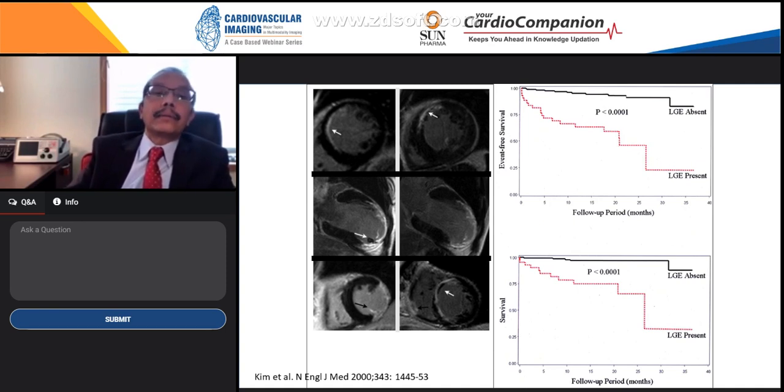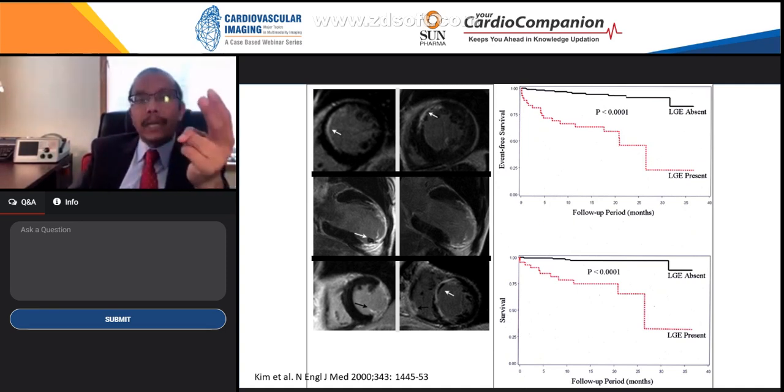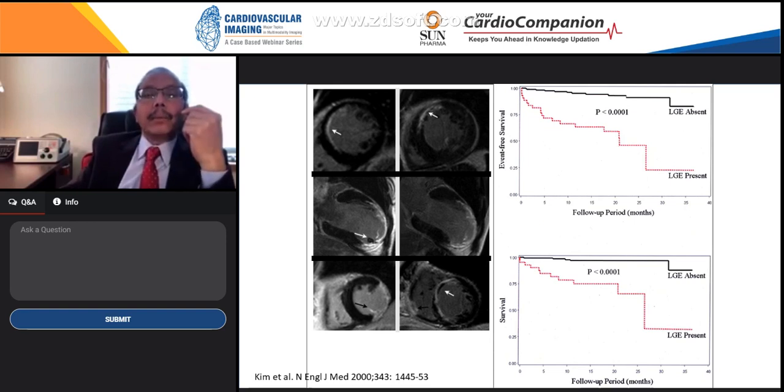Two things were shown in this paper. One, the presence of late gadolinium enhancement is a high risk for bad things happening. But a more important point was the thickness of this white compared to the total myocardial thickness in that segment. You may not be able to see the pointer, but you can guess.